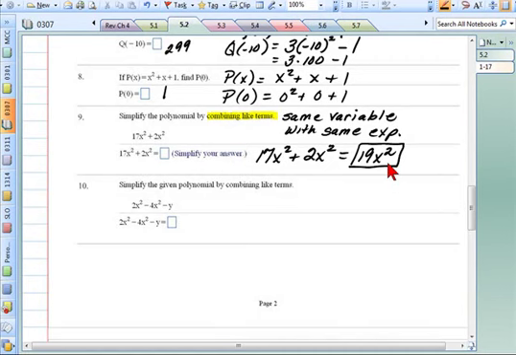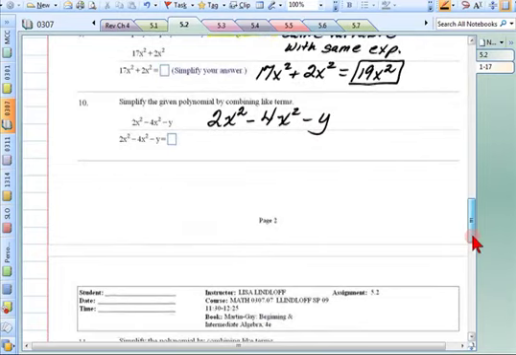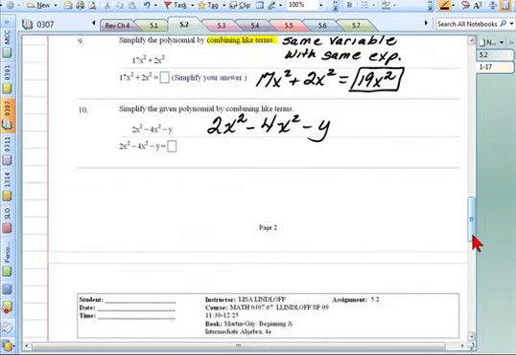Okay, that was number 9. Let's look at number 10. Number 10 says simplify the given polynomial by combining like terms. I have 2x to the second minus 4x to the second minus y. Are all of those terms like terms?